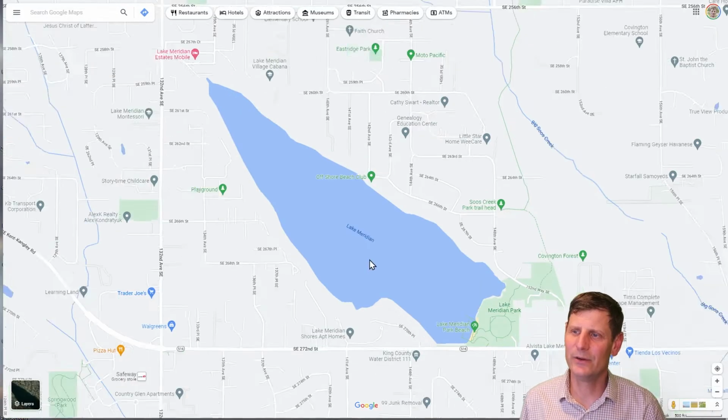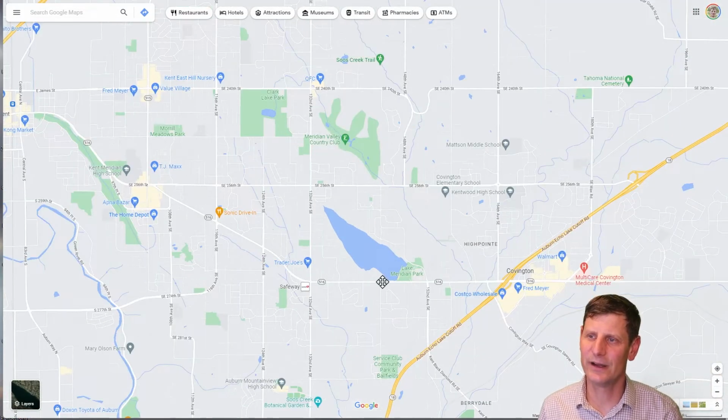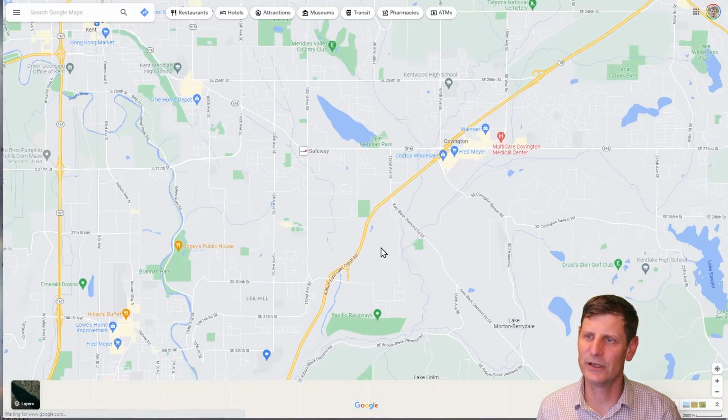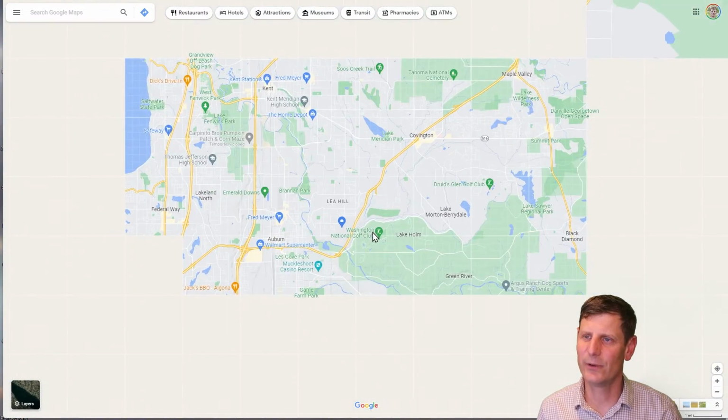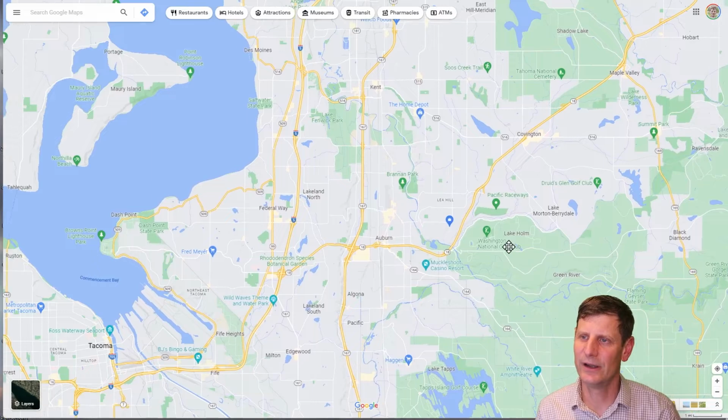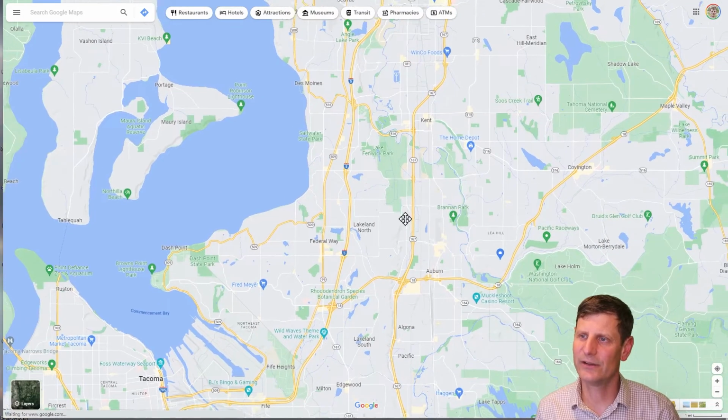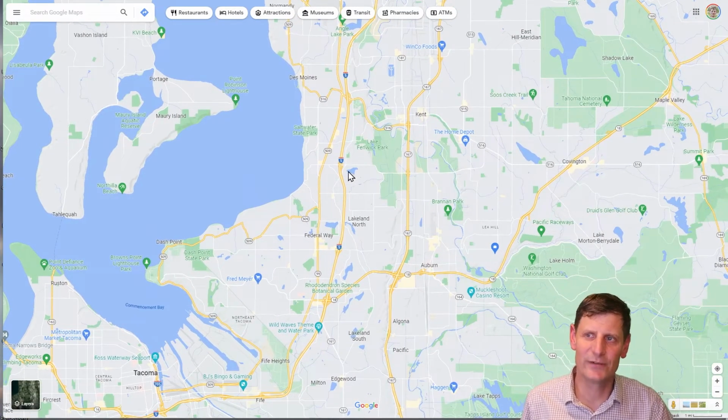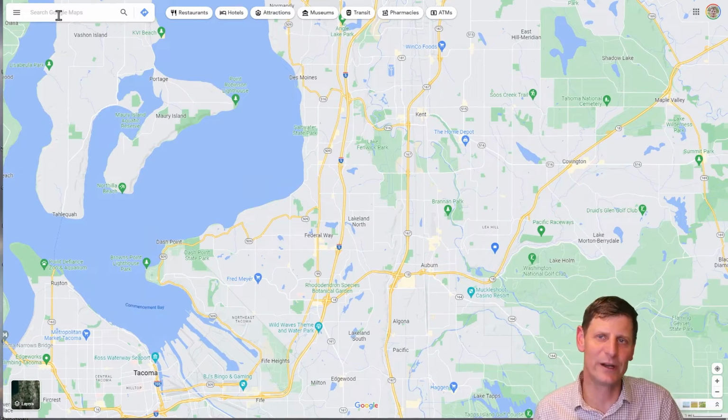Now, let me do a really quick example of this functional region, and we're going to center on Auburn here. This is an idea of economic geography, but we're going to look at market areas. That is the area served by a particular business.